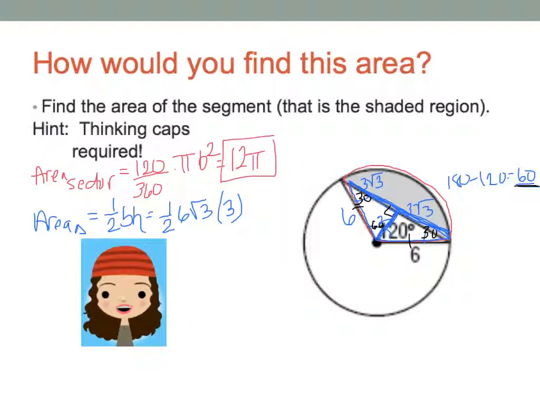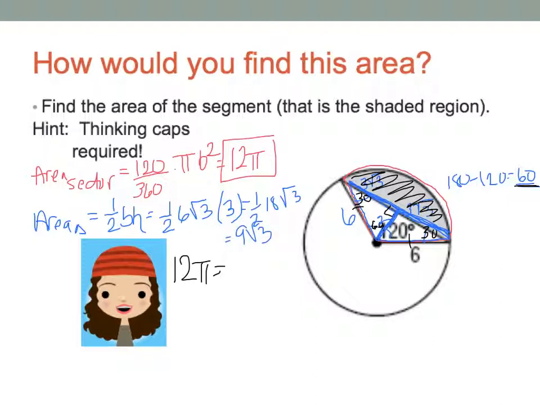Now to find what I'm looking for, which is the area of the segment here, I have to subtract the area of the triangle from the whole sector. So I have to do 12 pi minus whatever I get up here. Now let's keep simplifying that. The area of the triangle is going to be 1/2 times 18 root 3, which becomes 9 root 3.